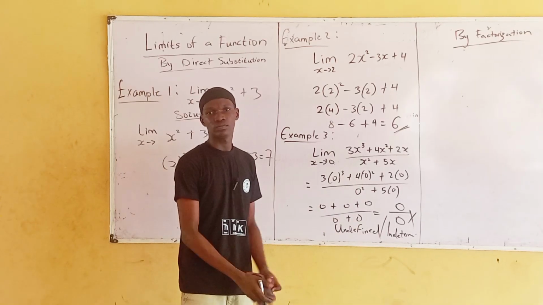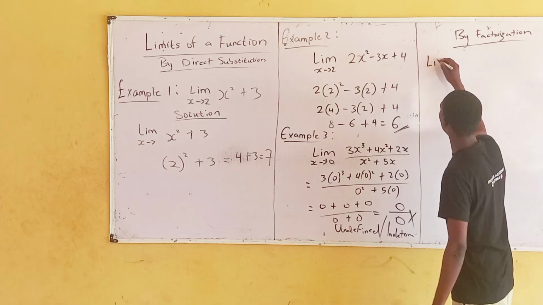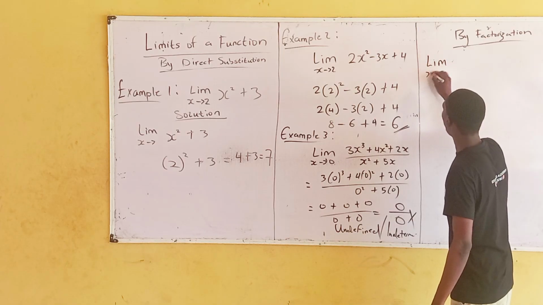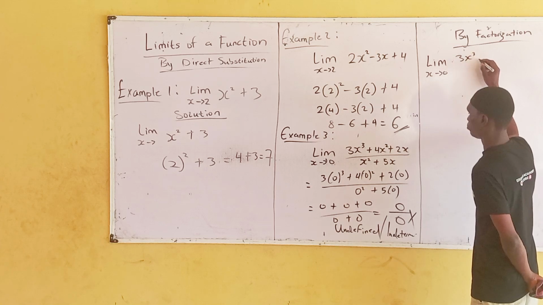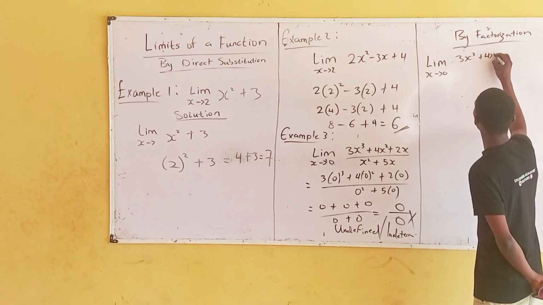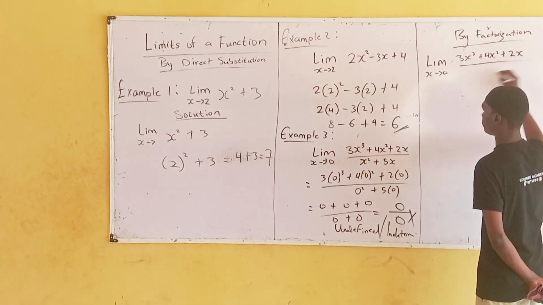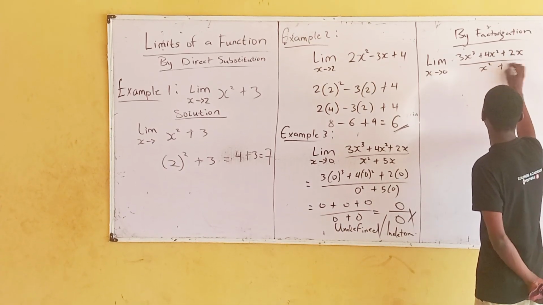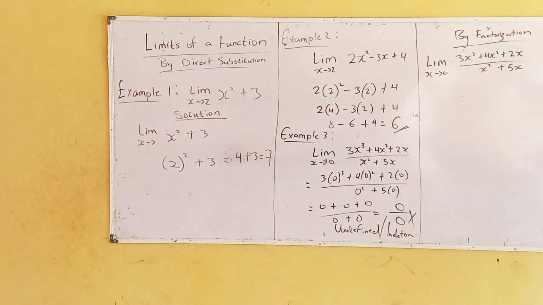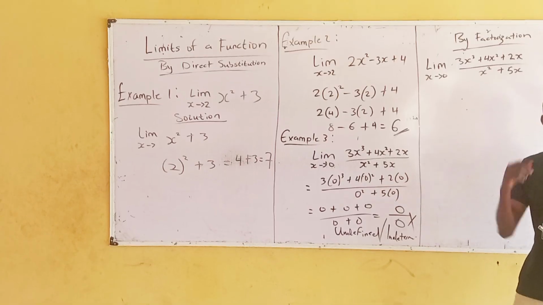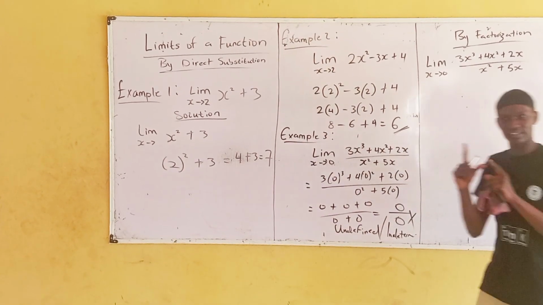So when we are factorizing, it would be lim x tends to 0 of 3x cubed plus 4x squared plus 2x over x squared plus 5x. So this is our given question. We substituted directly, but it didn't work, so we move to factorization.